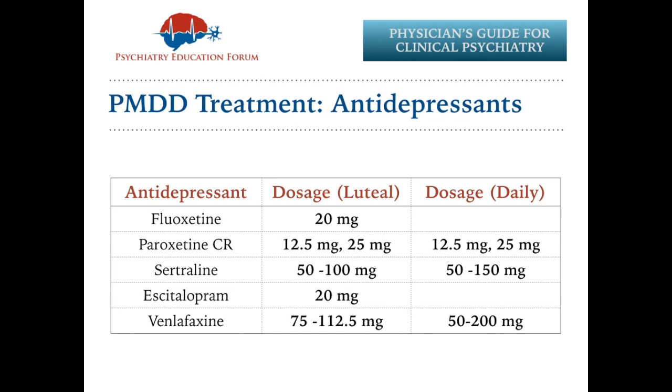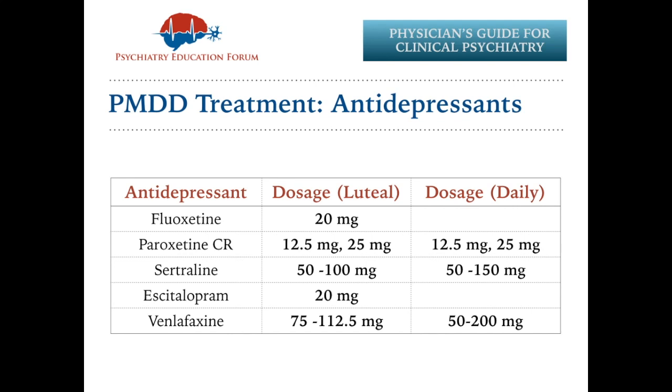12.5 and 25 milligram have shown effectiveness. 25 milligram more effective for both mood and physical symptoms. Sertraline. Studies have shown effectiveness on both luteal phase and daily dosing, and dose has ranged from 50 to 100 milligram for luteal phase dosing and 50 to 150 milligram for daily dosing.